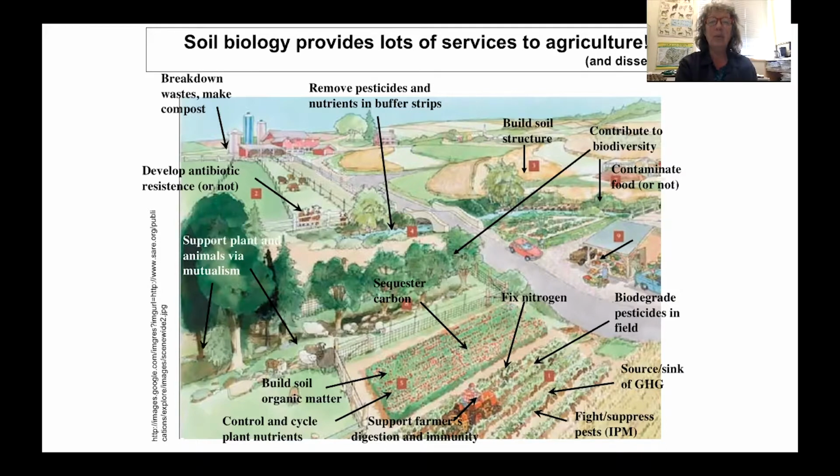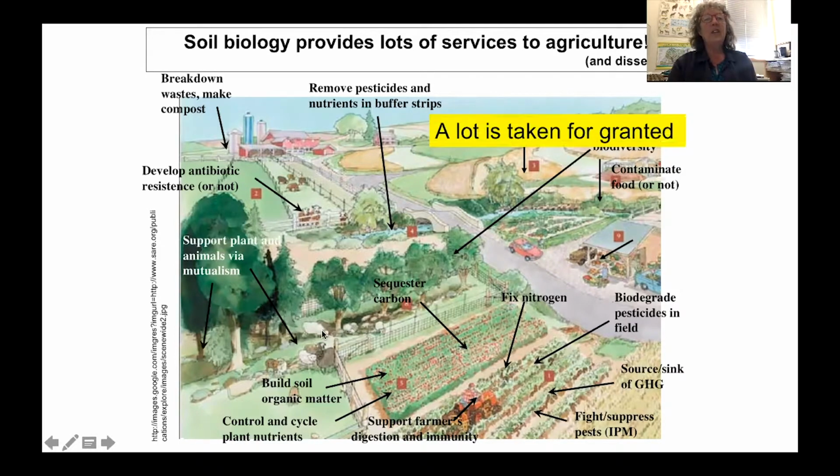They support animals and plants, including humans as animals. They're in our digestive tracts and are really responsible for helping plants and animals process their nutrients. They can sequester carbon and fix nitrogen, and build soil organic matter. And so we'll be talking a little bit about this.